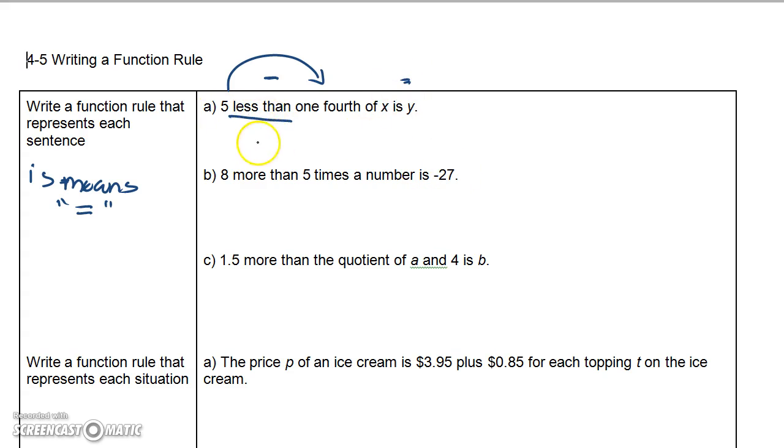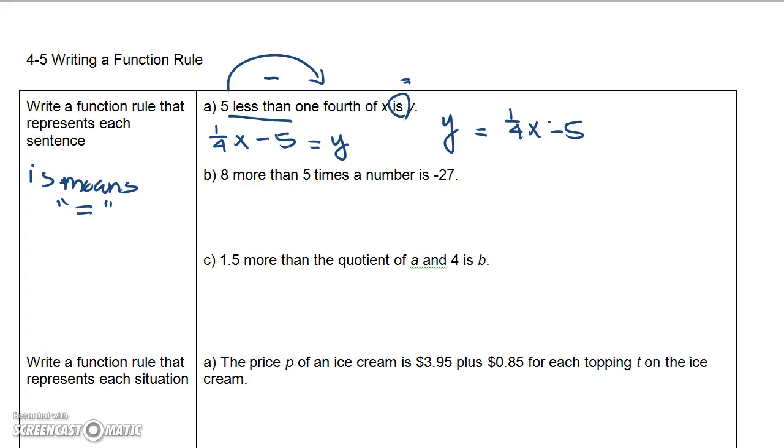So if I'm switching the order, it's going to be something minus 5. Well, what minus 5? 1/4 of x. Then it says is, which means equals y. And then if you're like me, some of you are, some of you aren't, you're going to be bothered by that, and you're going to want to write it as y equals 1/4 x minus 5.